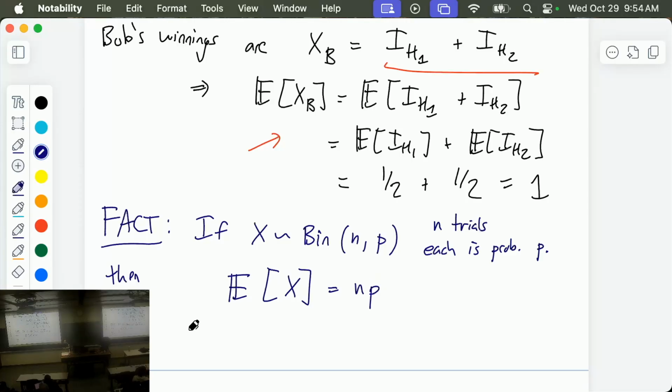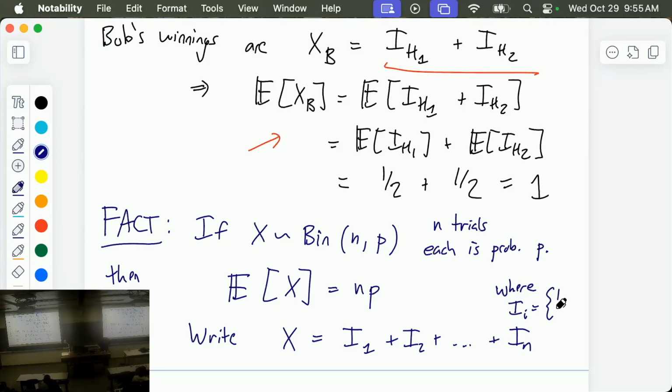The proof is to write x as a sum of indicators: I1 plus I2 plus ... plus In, where each I is either 1 with probability p or 0 with probability 1 minus p.